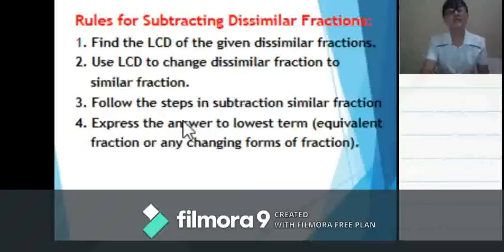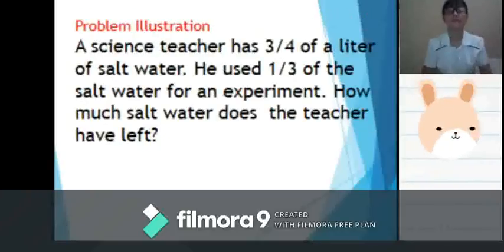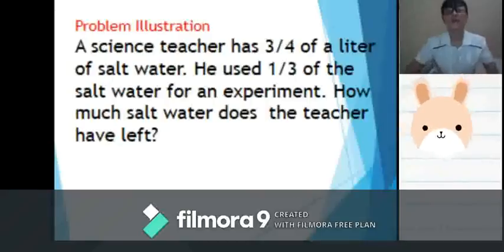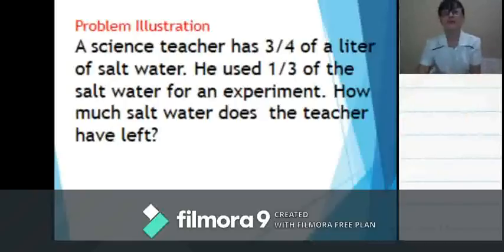For further knowledge about subtracting fractions, either similar or dissimilar, let's have this problem. This is a problem illustration. A science teacher has 3/4 liter of salt water. He used 1/3 of the salt water for an experiment.